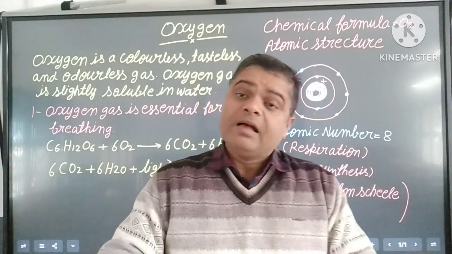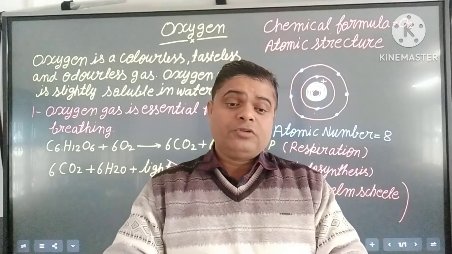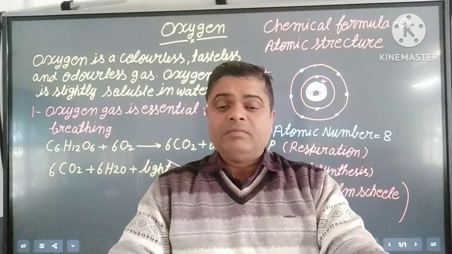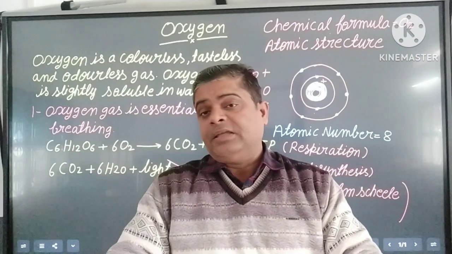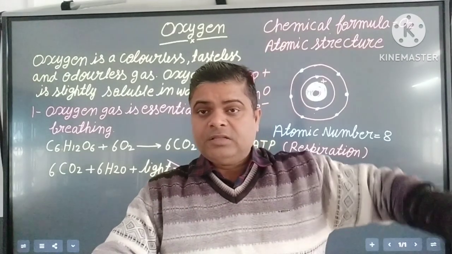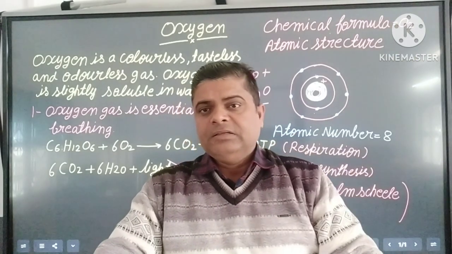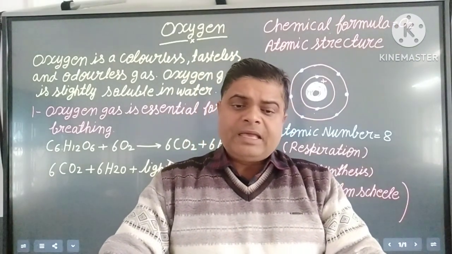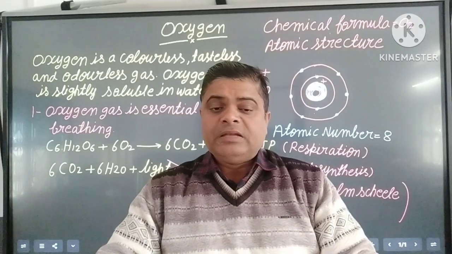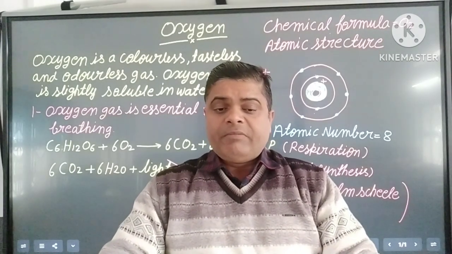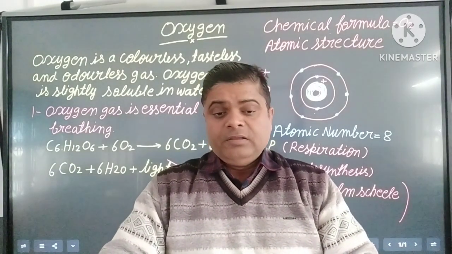Clear? And second thing, students, at the high altitude of the mountain, the air is very thin, because at the downside air percentage is more, but at the upside air percentage is very less. So the air at high altitude contains very little oxygen, due to which it becomes difficult to breathe properly.